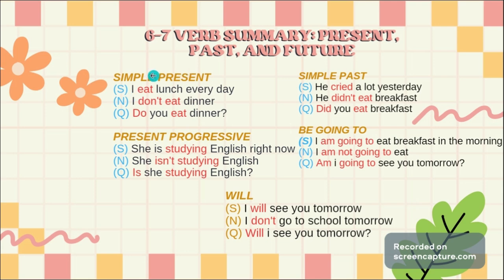It uses verb one and the adverb of time every day. It indicates habits. For negative, we add don't. Don't indicates negative. The verb is the same, eat, verb one. And for question, we put the auxiliary at the beginning of the sentence. Do you eat dinner? Yeah, it's simple present.